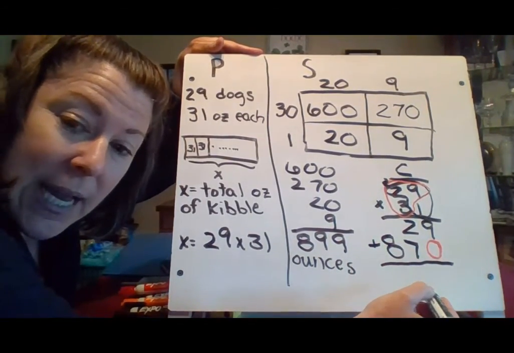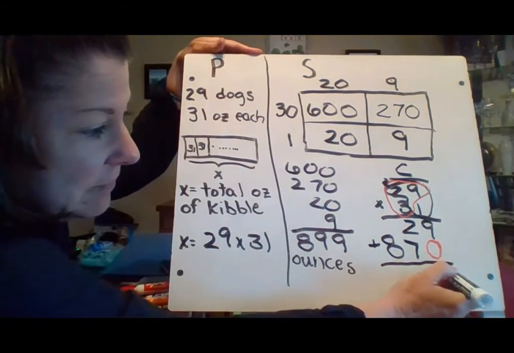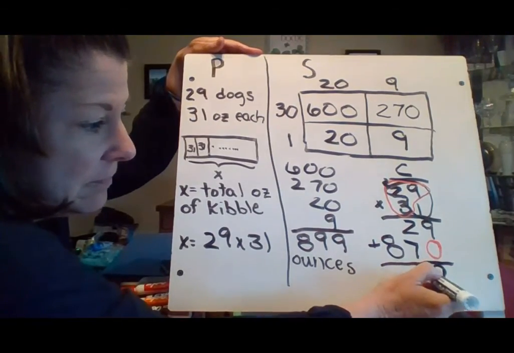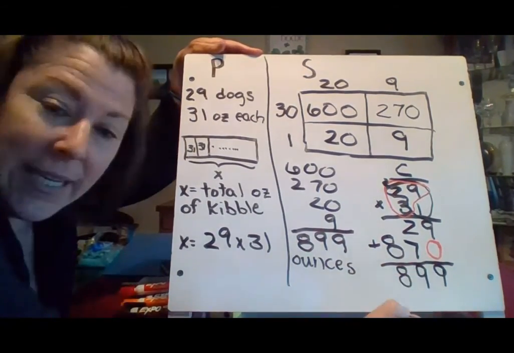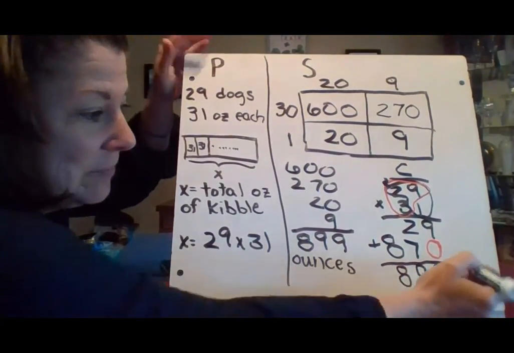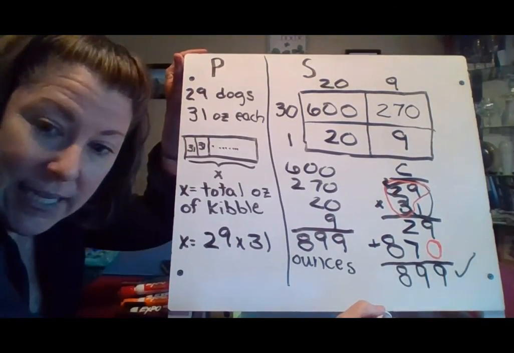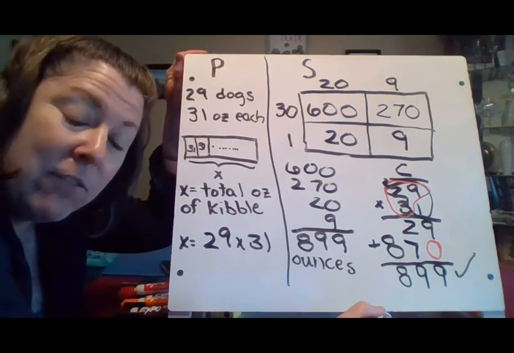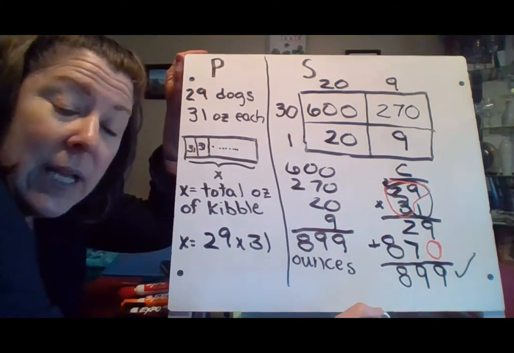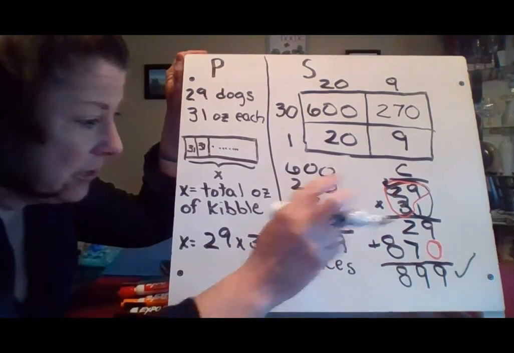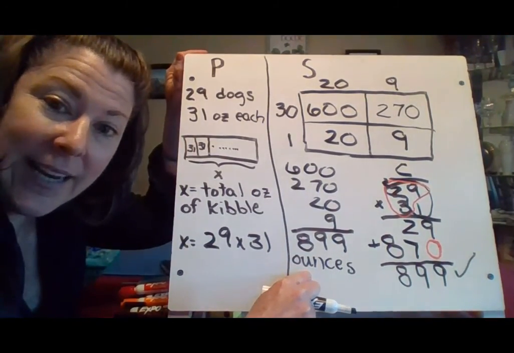And then 29 plus 870 is 899. So I get the same exact answer for my check. Final answer, how many total ounces of kibble will he use? 899 ounces.